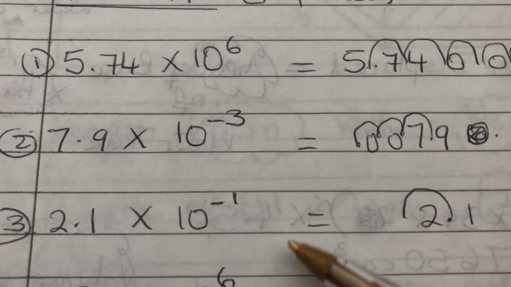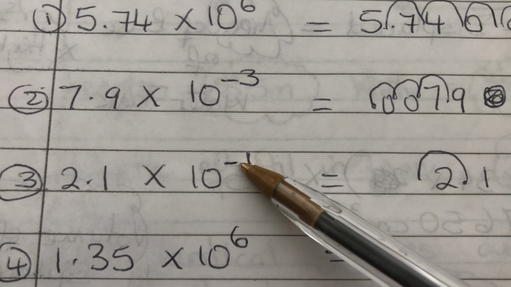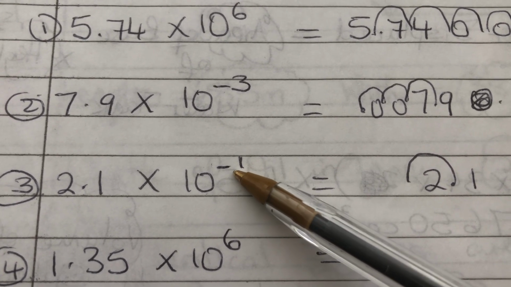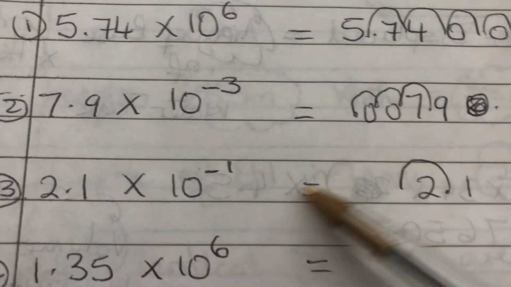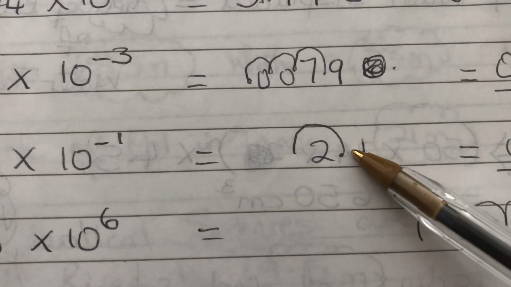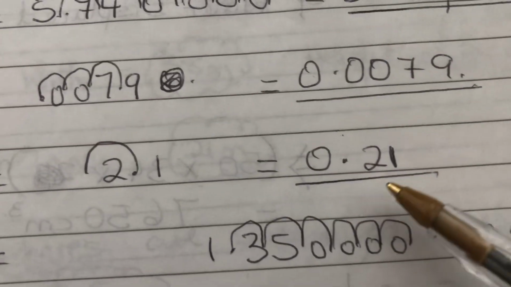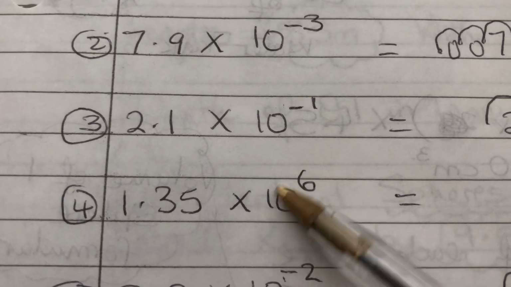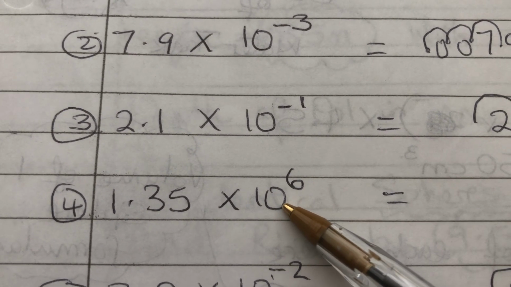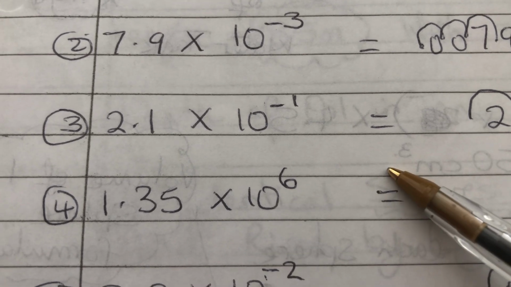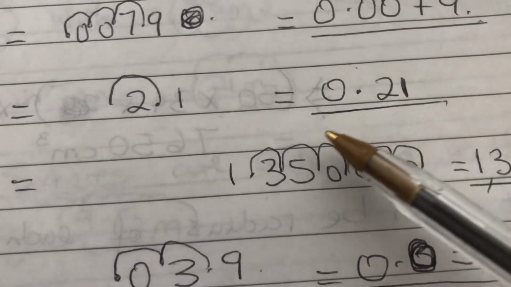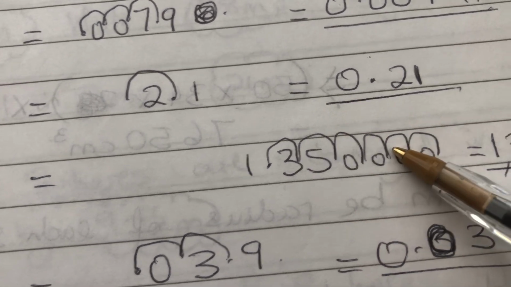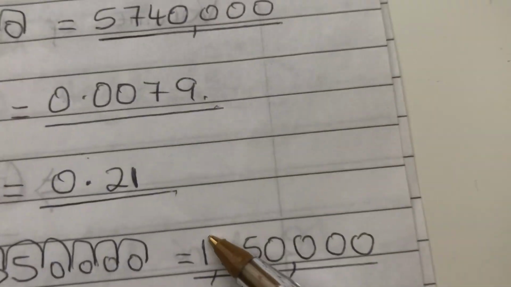Here again it is minus 1, so the decimal moves towards your left by only 1, so you have 0.21. The next one is plus 6, so the movement is going to go towards your right: 1, 2, 3, 4, 5, 6.